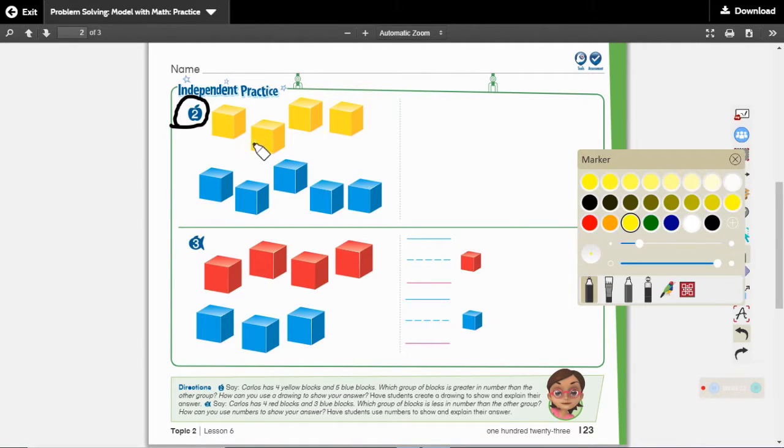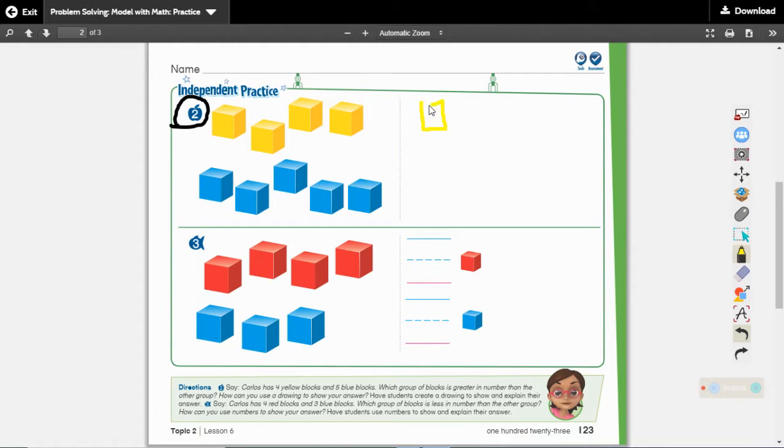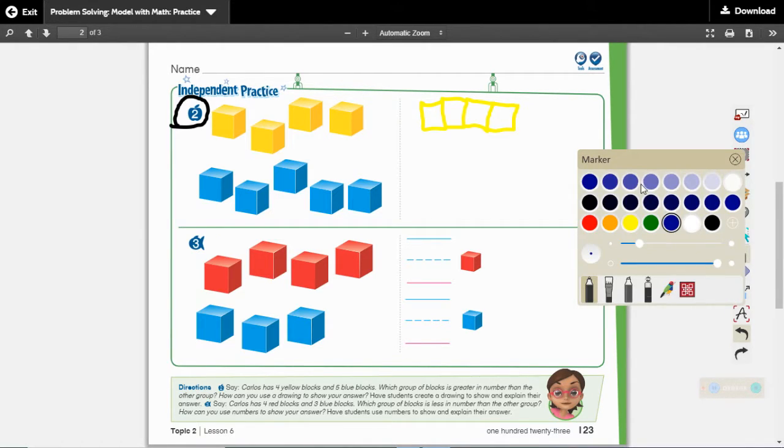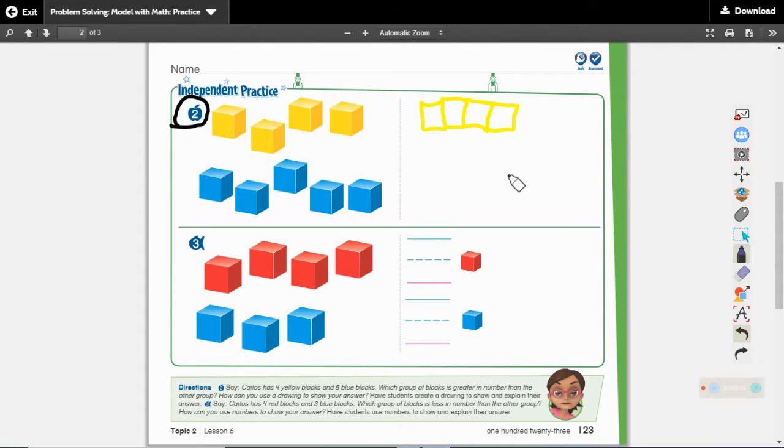And we have 1, 2, 3, 4 yellow cubes. So I'm going to draw me a cube train right here. I'm going to draw 4 yellow cubes in my cube train. And I have blue blocks now, so I got to get my blue out here.